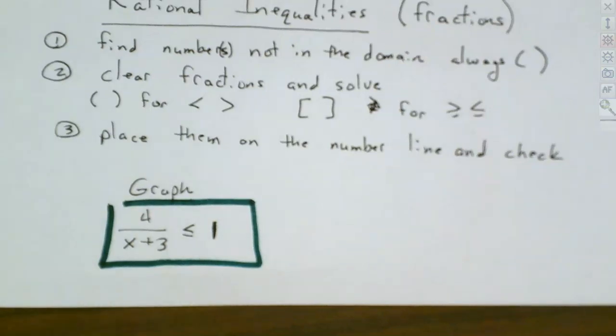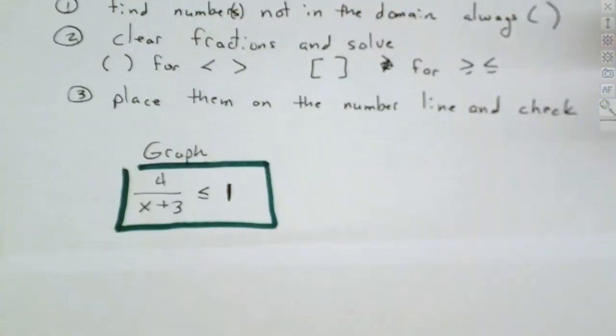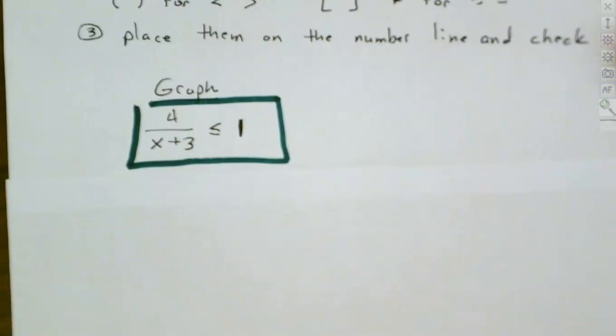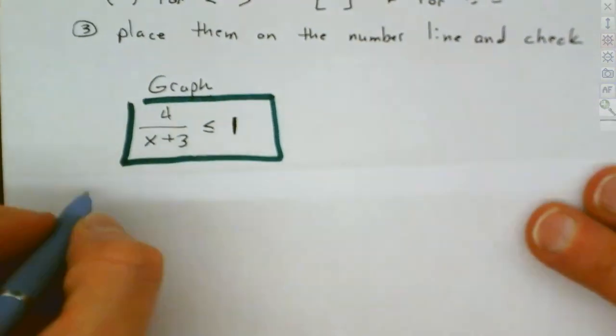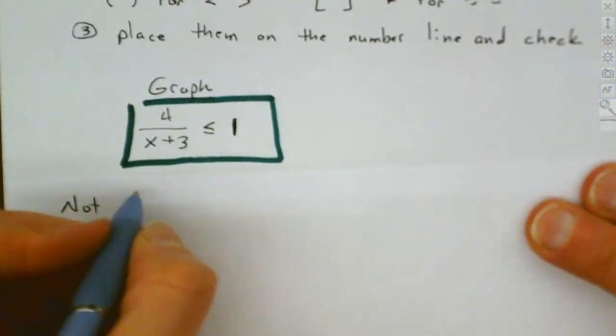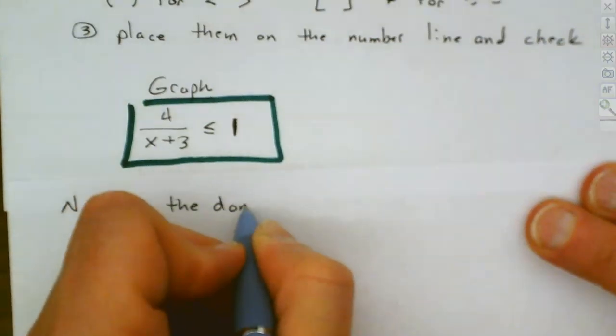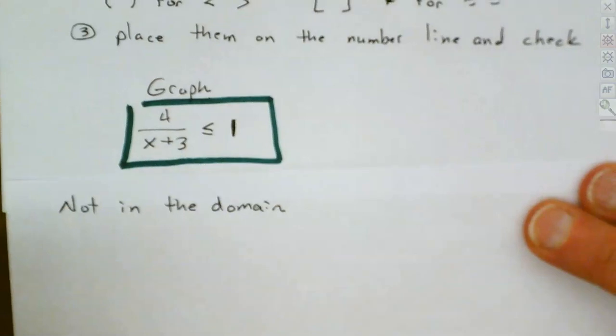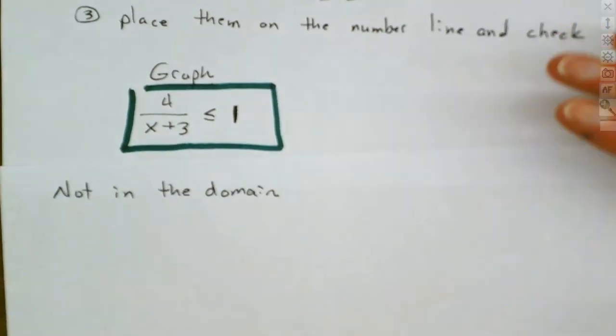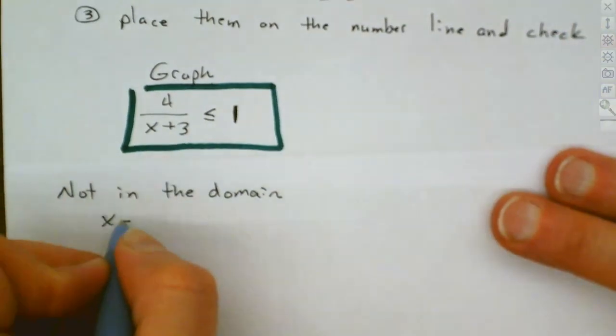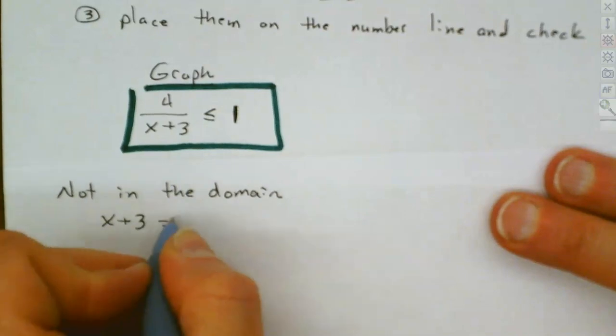Now, what's my first step say to do? My first step says to figure out what number or numbers are not in the domain. So what is not in the domain? Well, what's not in the domain is going to be x plus 3, that's my denominator, equaling 0.